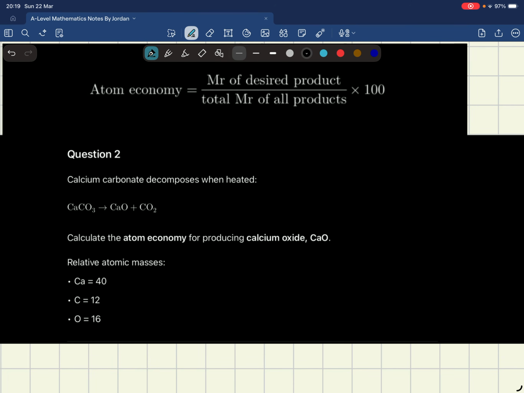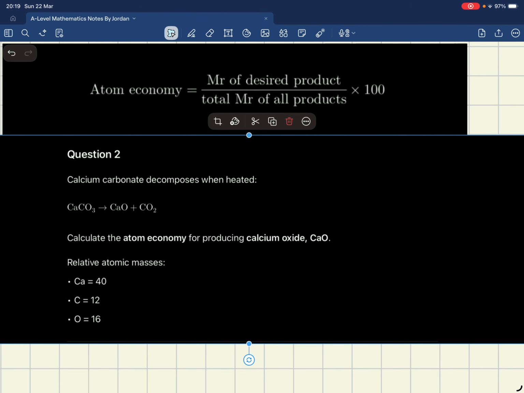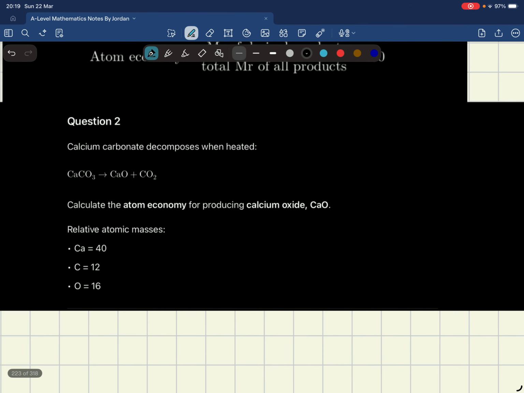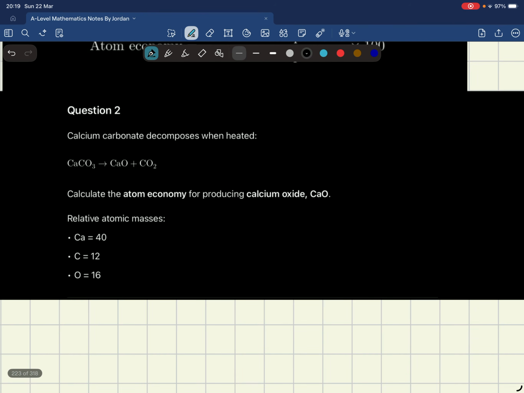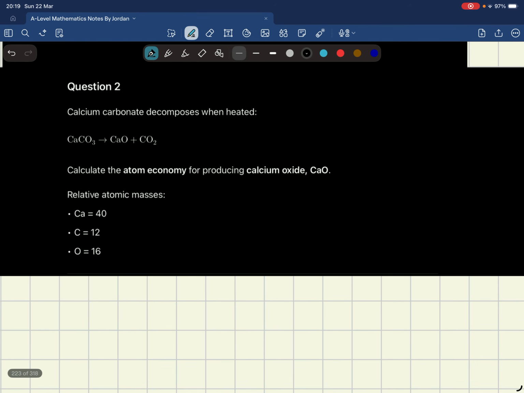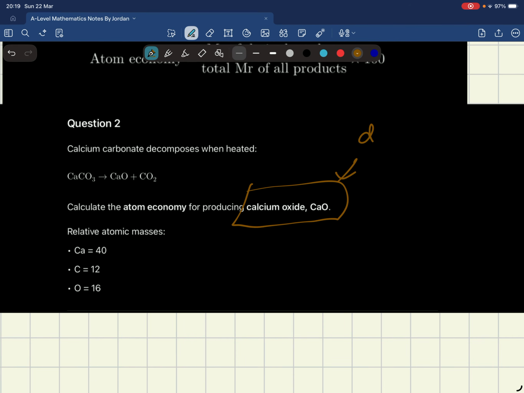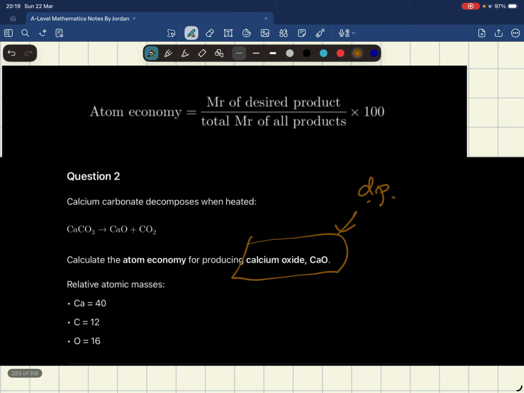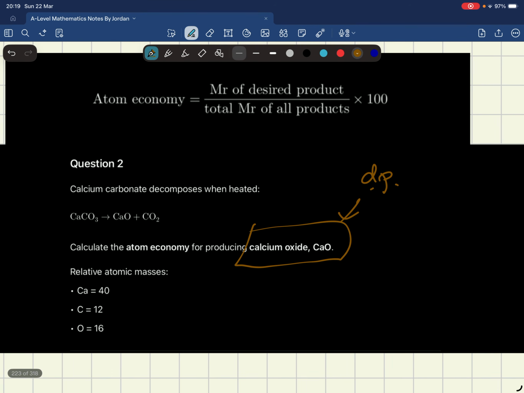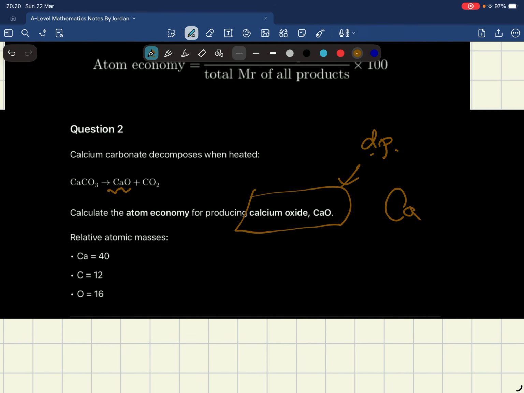Question 2. This is calcium carbonate decomposes when heated. So that produces calcium oxide and CO2. Again, if you read the question, it will tell you the desired product. So the desired product is calcium oxide, this one here, which is just a calcium and an oxygen.